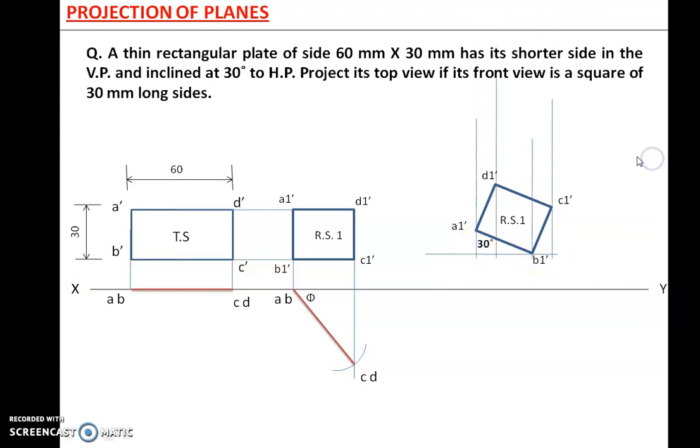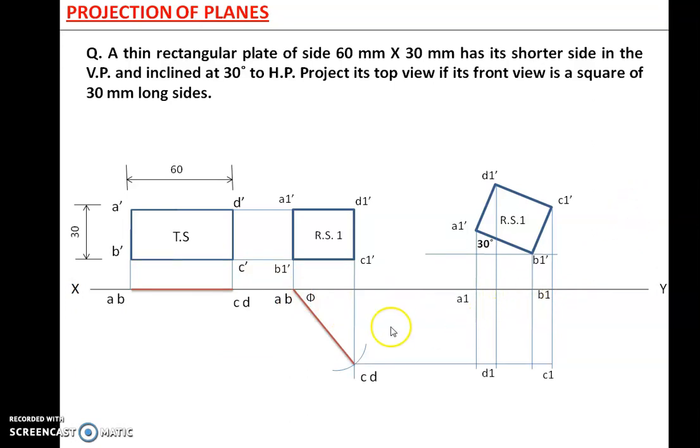Next, project all these 4 points in the top view. In the same way, project CD. AB need not be projected, it is already on XY, so I will just project CD and mark the points of intersection. So this will be A1, again B, this will be B1, C, this will be C1, D, this will be D1.